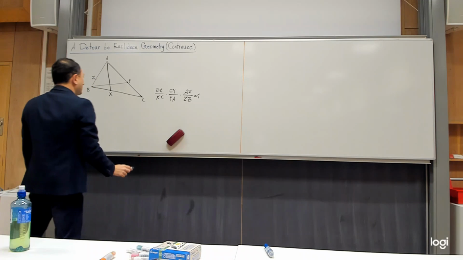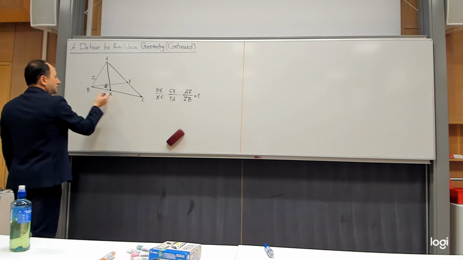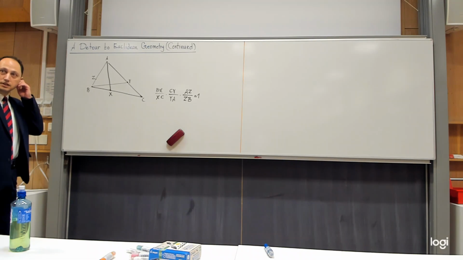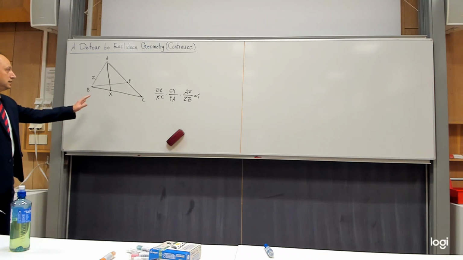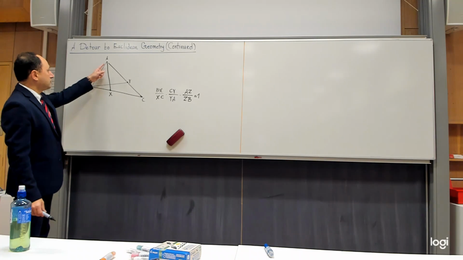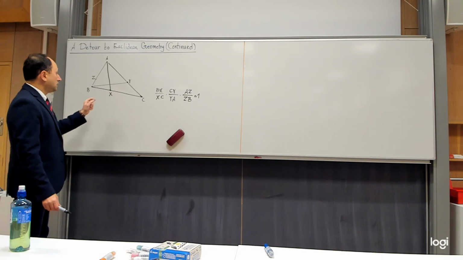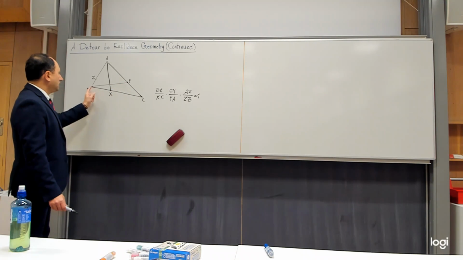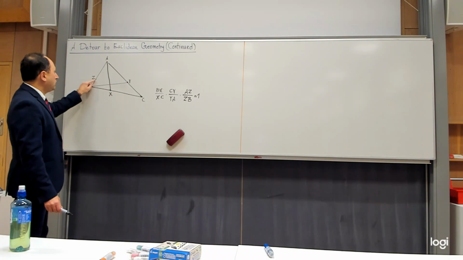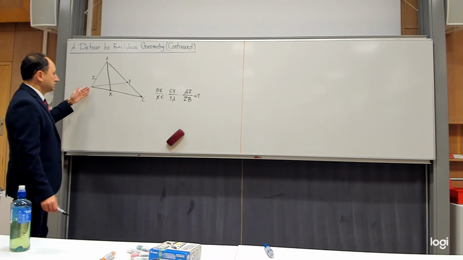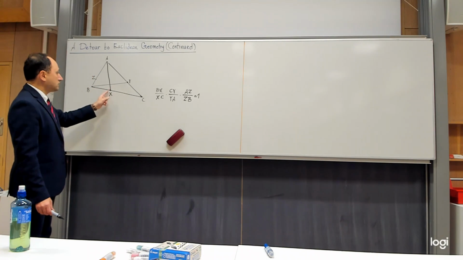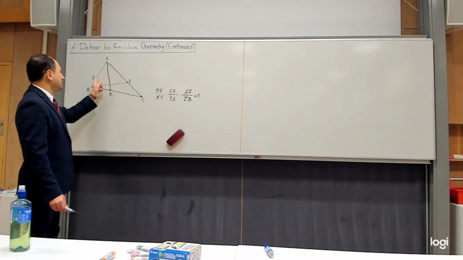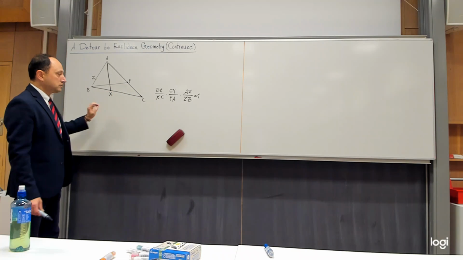I want to show that if I connect C to Z, it will pass through this point. Is that understandable? In this setup, I have two Cevian lines intersecting the corresponding segments at X and Y, and I know I have a point Z on the third side. I know that BX over XC times CY over YA times AZ over ZB is equal to 1.